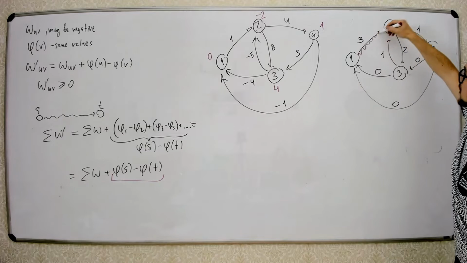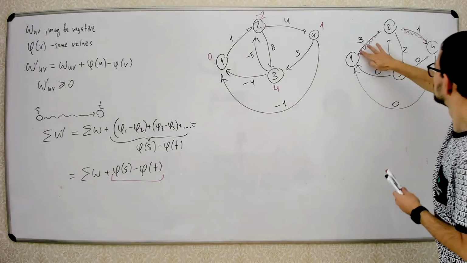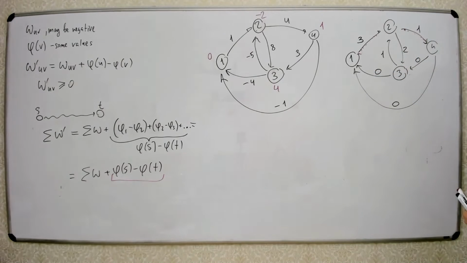It's actually the only path from 1 to 4, so it's not interesting. Let's find a path from 4 to 2. This path is 1, this path is 3. So the shortest path from 4 to 2 is this path.